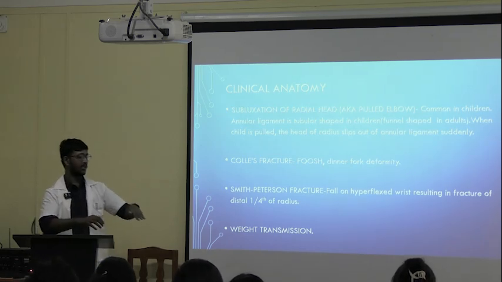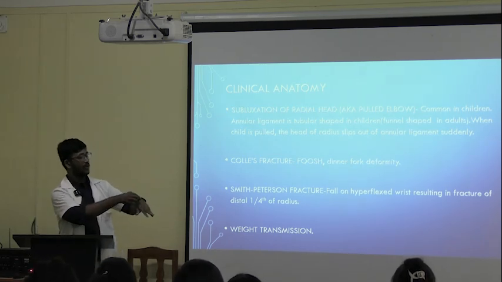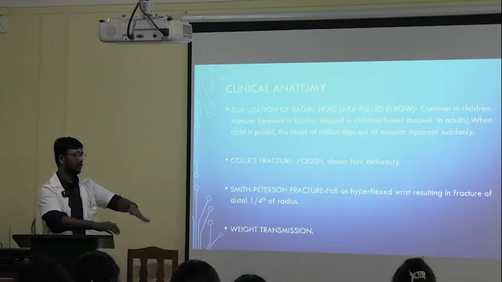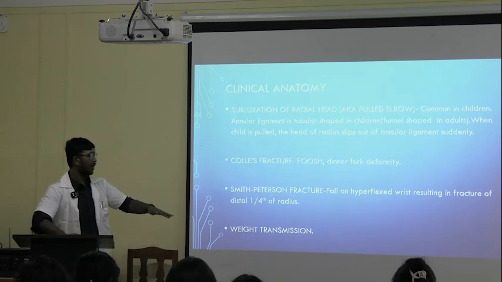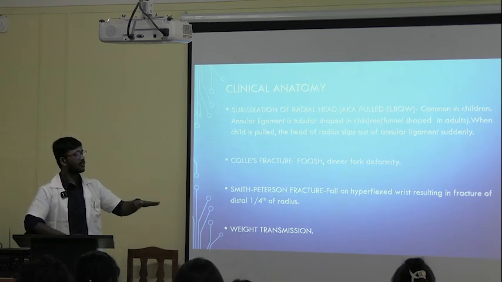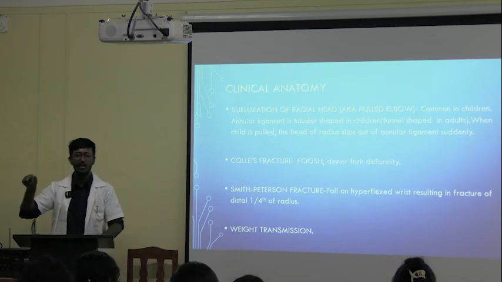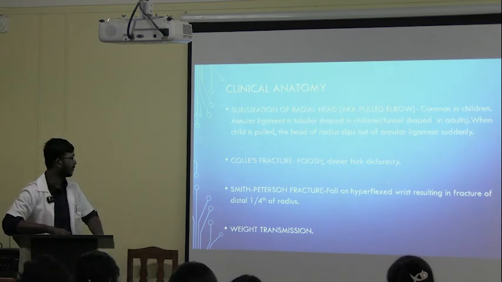During this, the hand dislocates anteriorly and this lower part dislocates posteriorly. So due to this, it appears like the shape of a garden spade. Like this is a spade, so it appears like a garden spade.